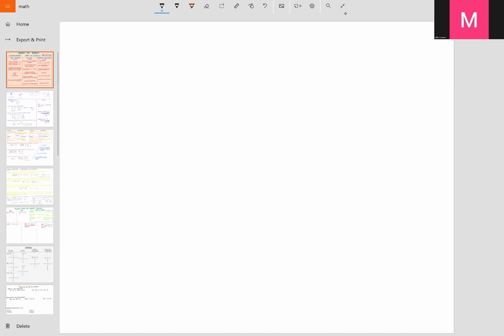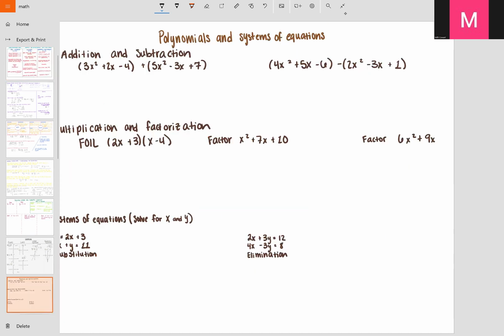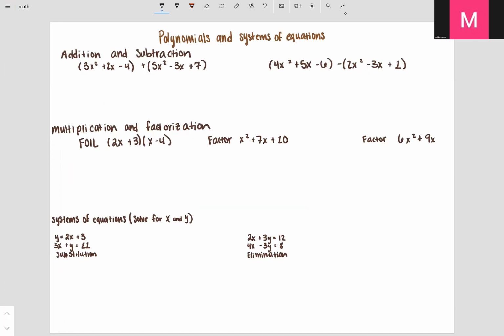Next, we're going to look at polynomials: subtracting, adding, multiplying, and factoring. All right. So first we'll add two polynomials.